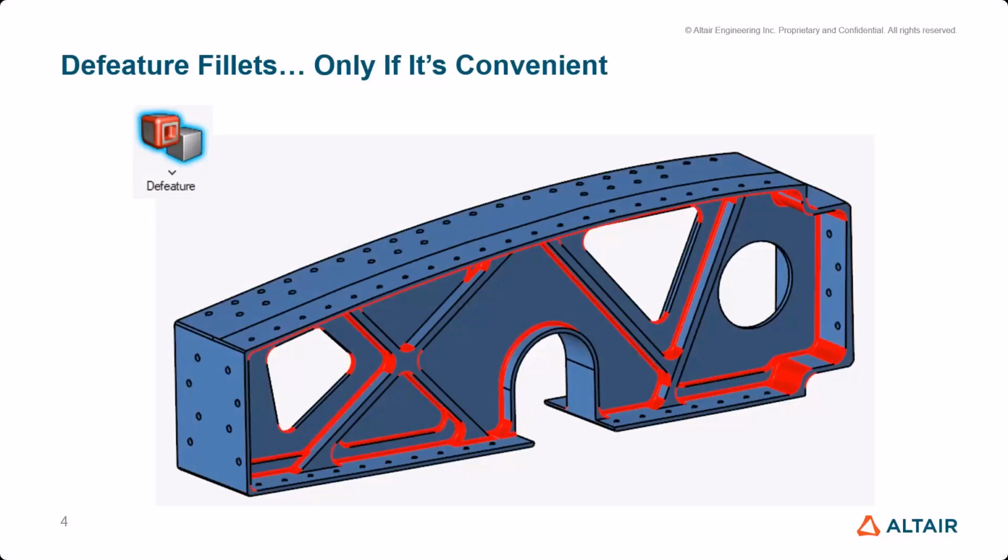But with mid-surfacing, it's pretty good at identifying fillets and ignoring them, or just taking the insight that it needs from them and not getting too hung up on them. So if it's convenient, I wouldn't spend more than a few minutes trying to pull out any fillets that are easy to pull out. It can help, but if they're not easy for HyperMesh to defeature, sometimes it can actually make the geometry worse and cause more problems than it solves. So, yeah, just keep that in mind.